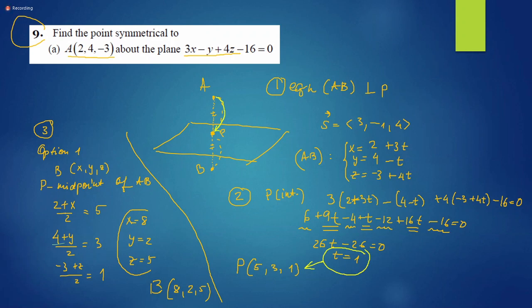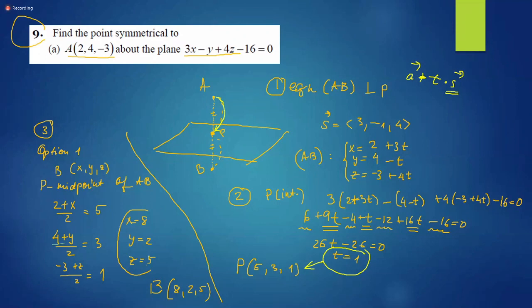Because t simply tells me how many steps of vector S I need to take from A. Remember that we had the line as A plus t times vector S, the direction vector. So if I need one step from A to P, then from A to B, I need double that. I need to take 2 steps.